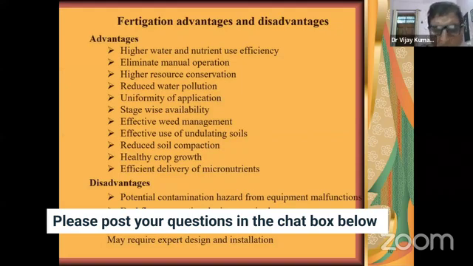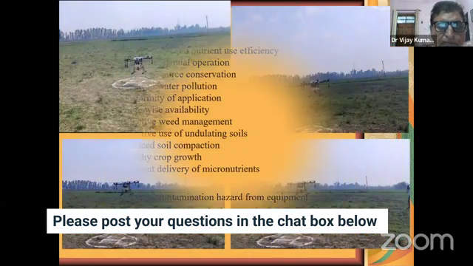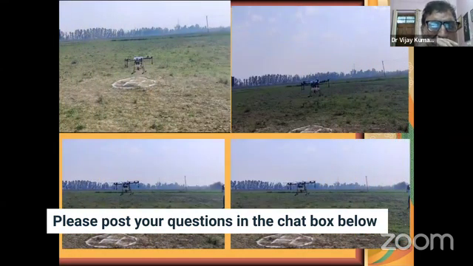Before the fertigation, I was talking about the foliar spray of the nutrient. So now in India, the technology of fertilizer application through drone has also been approved.